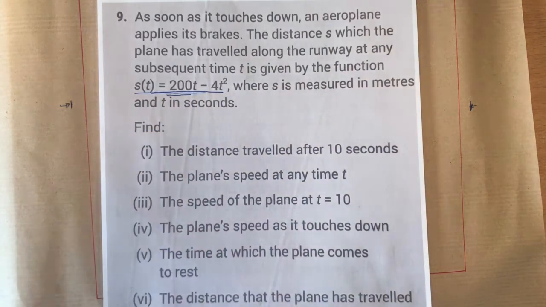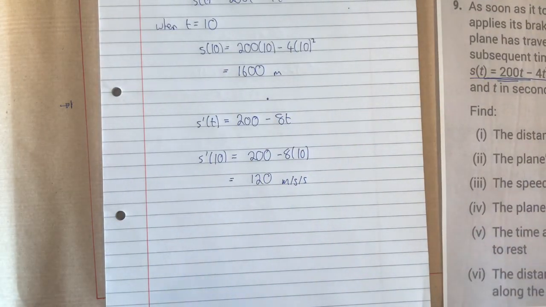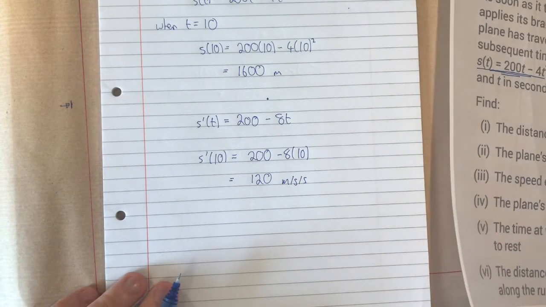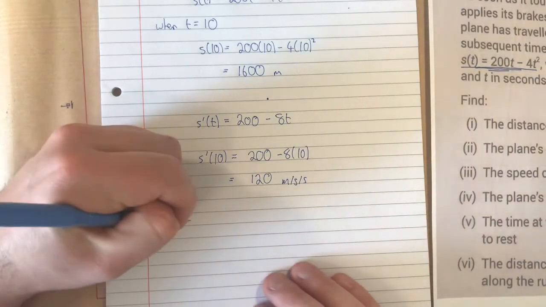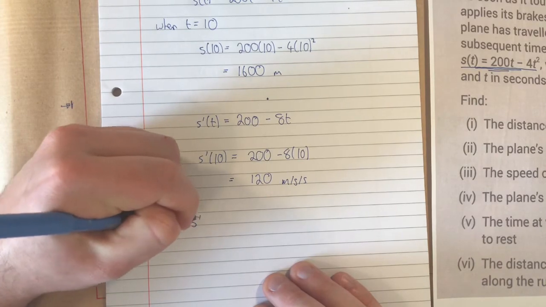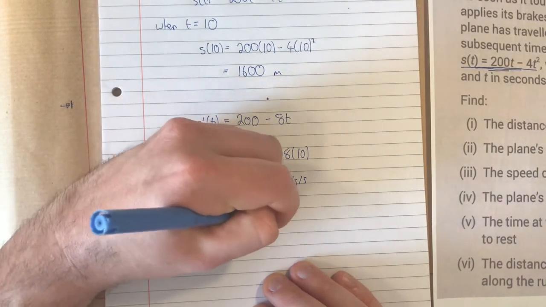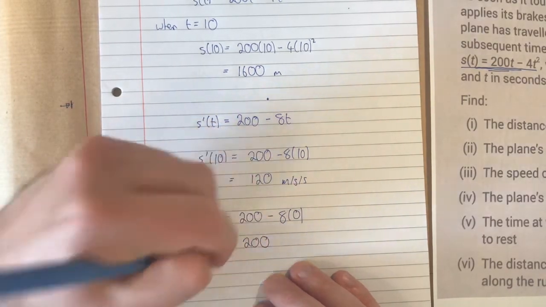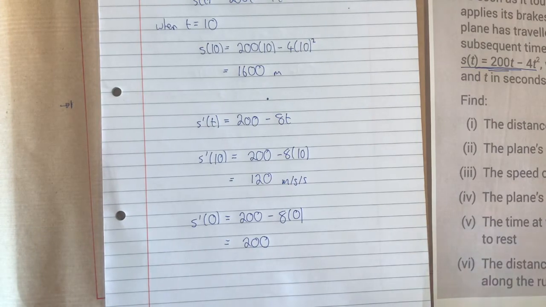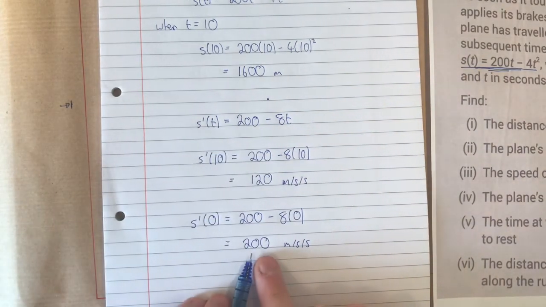So at the moment the plane touches down, how many seconds have passed? Good, yeah, 0 seconds. So I'm going to find s prime of 0, and that's going to give me 200. So the moment that the plane touches down, the speed will be 200.